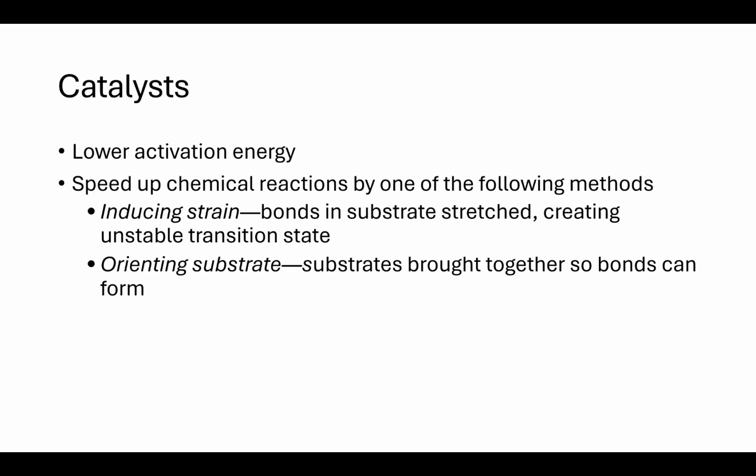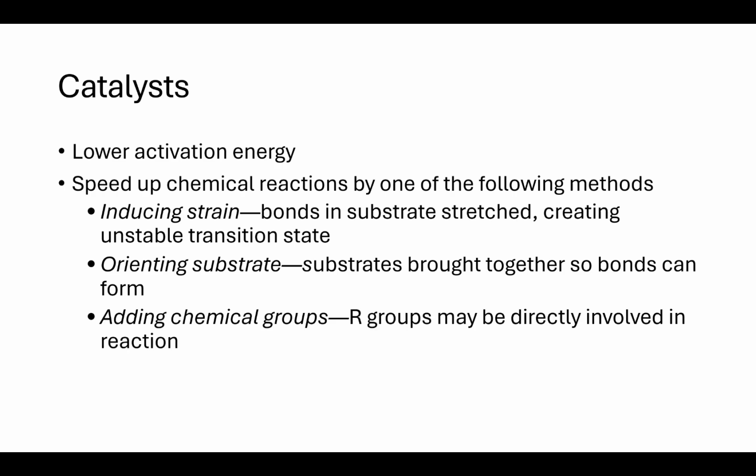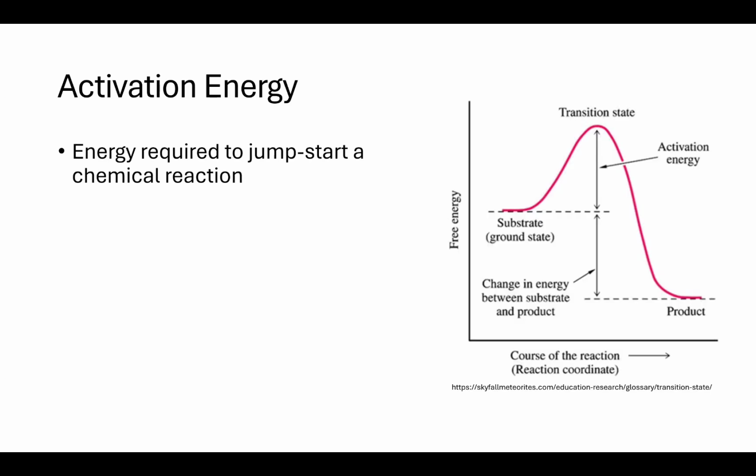Another thing is if you're doing a synthesis reaction, you can actually have the enzyme put these two substrates into a position where they can bond more easily. And then you can also have R groups directly involved in this reaction and add chemical groups onto something. So we mentioned activation energy.